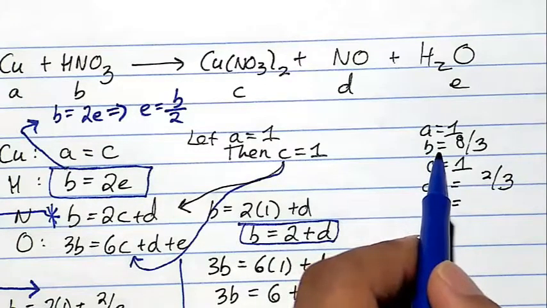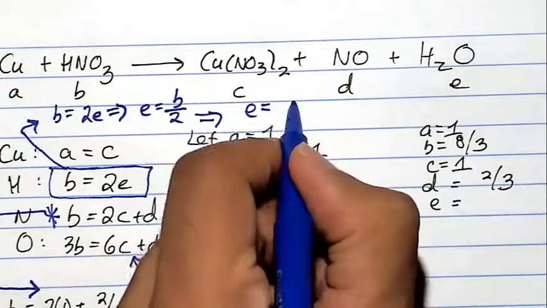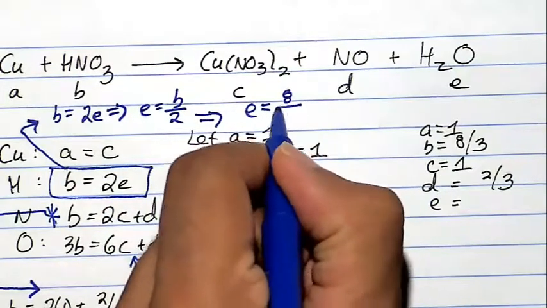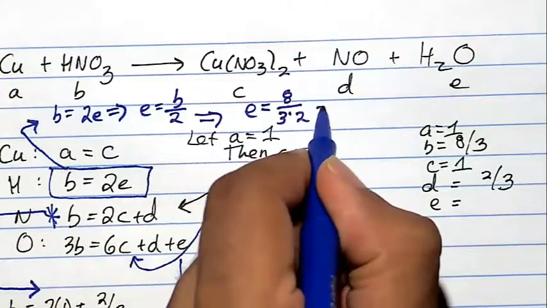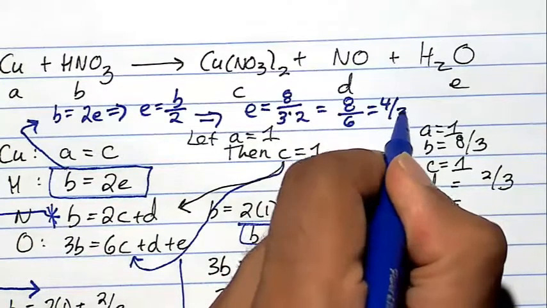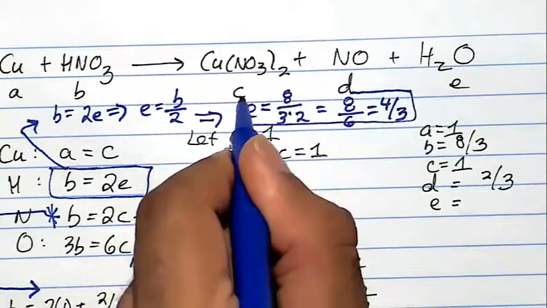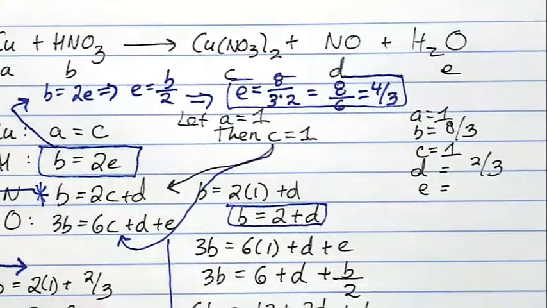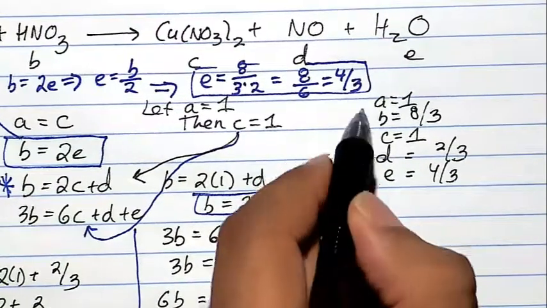It's 8/3. So this implies that E is going to equal 8/3 times 1/2, which is going to be 8/6, which is the same thing as 4/3. So that is what E is going to equal. So now we have E at 4/3. All right.